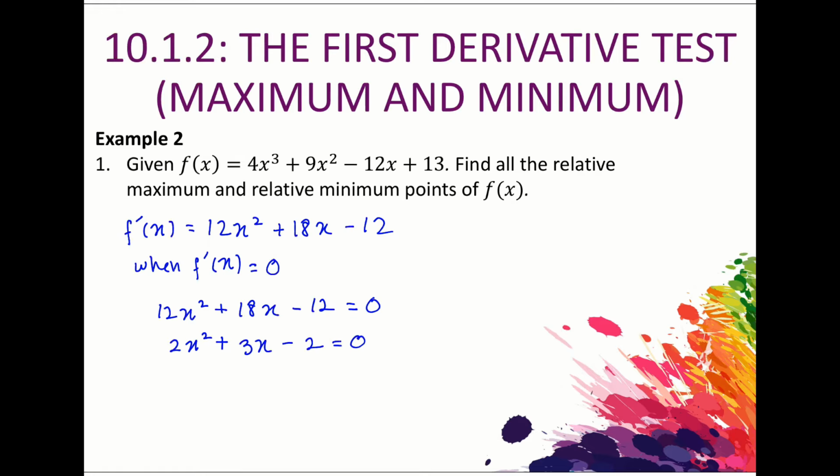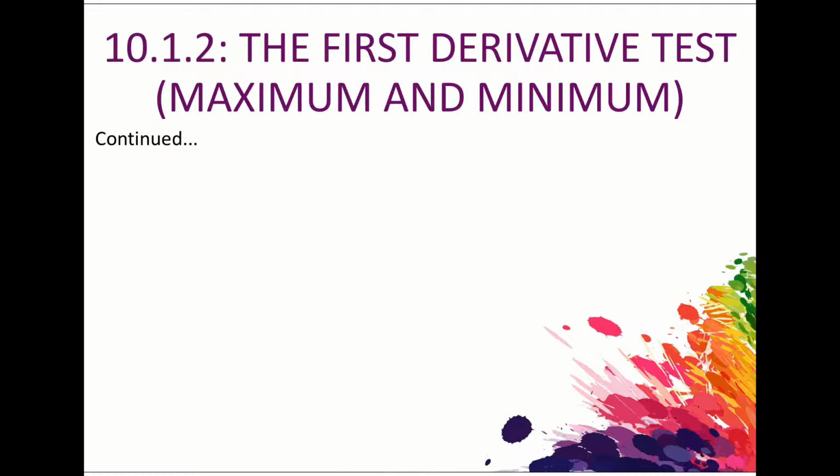And then we can factorize that. So we have 2x and x, and then minus 1 plus 2. So we have x equals 1 over 2 and x equals negative 2. And now let's find the corresponding y coordinate for all the values of x.